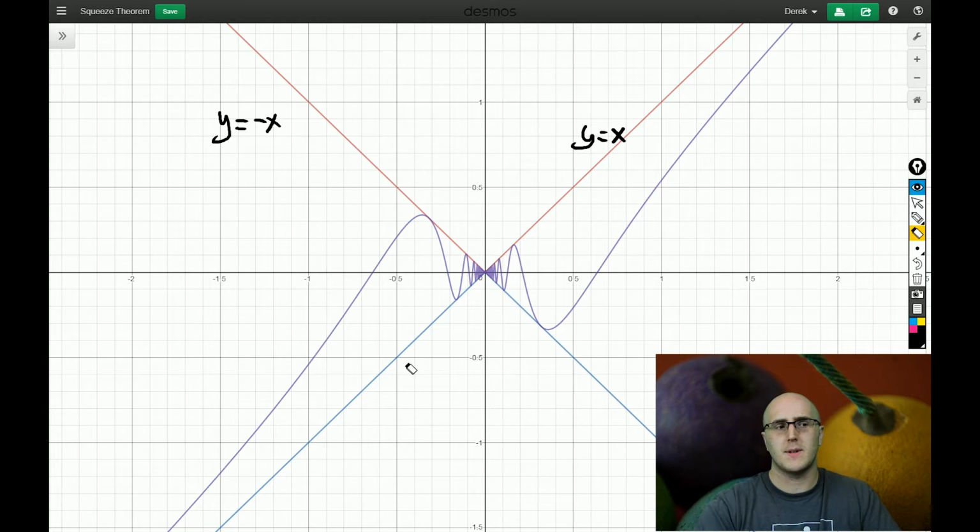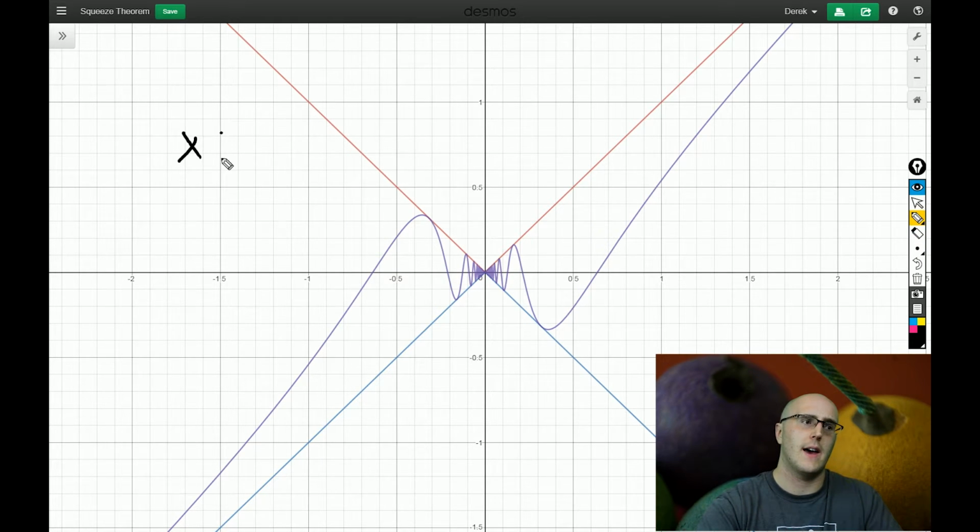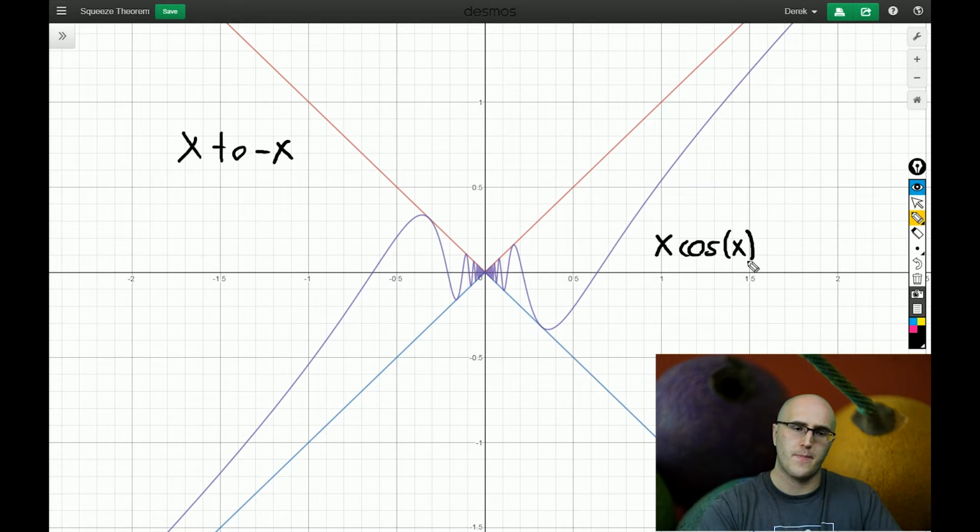And then the negative absolute value is the same thing. So we actually have a range in between each of these regions of x to negative x on both sides. So we have x up here and negative x down here. Now, x cosine of x, let's just talk about this function for a moment.